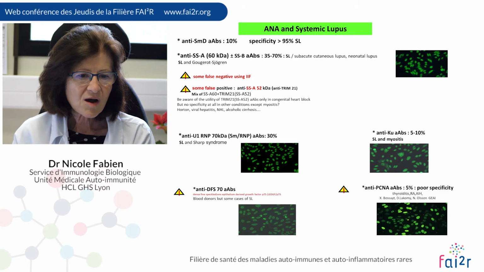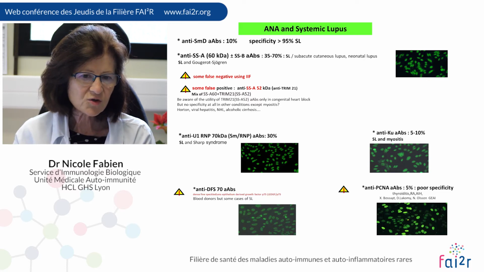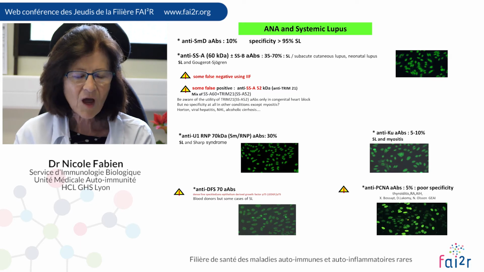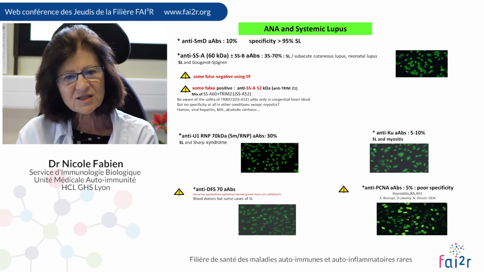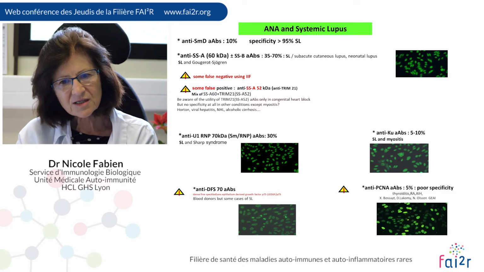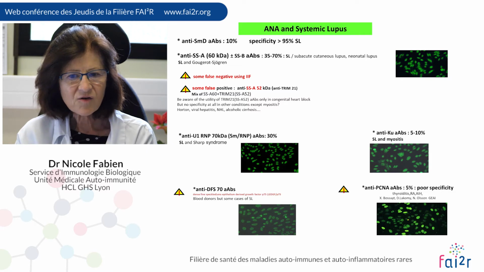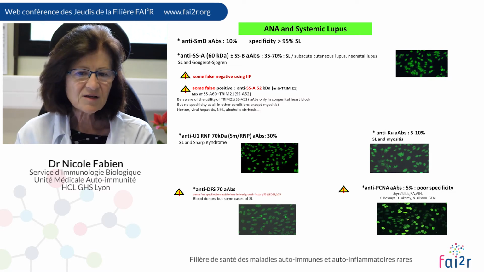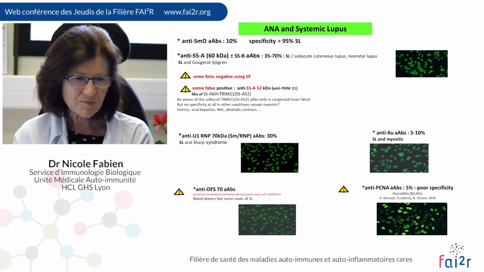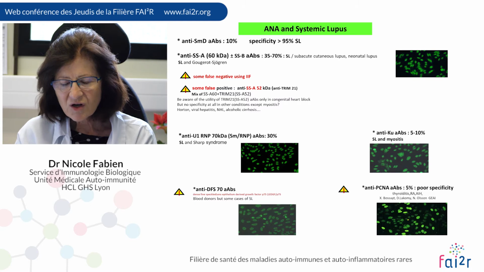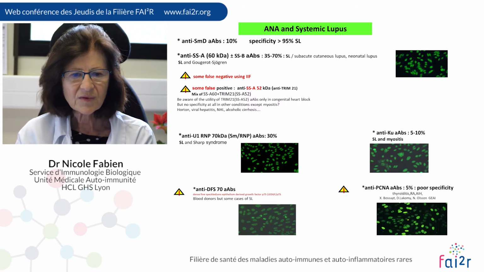For anti-U1 RNP, 60 kDa, they are very important with a prevalence of 30%, but they are also present in Sharp syndrome. One antibody which is also very interesting is anti-Ro antibodies with a prevalence of 5 to 10%, present also in myositis. But it could be interesting in lupus with no particular other antibodies.